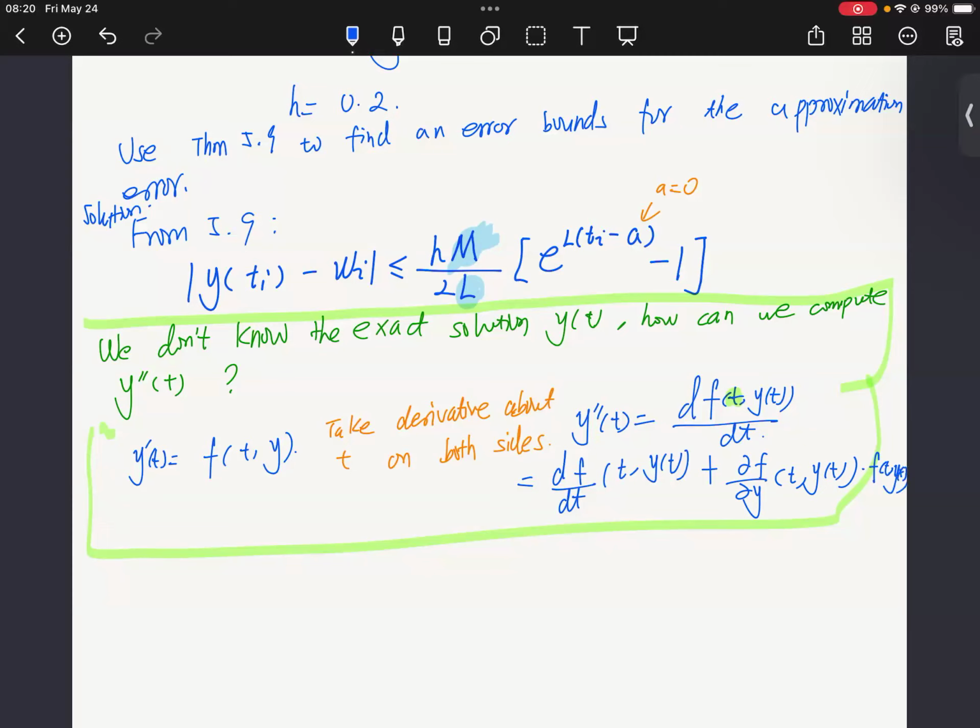This is kind of complicated, but let's see one concrete example.